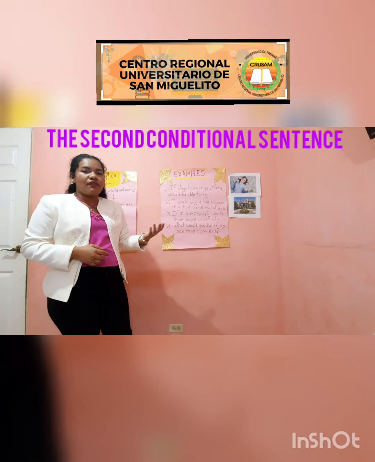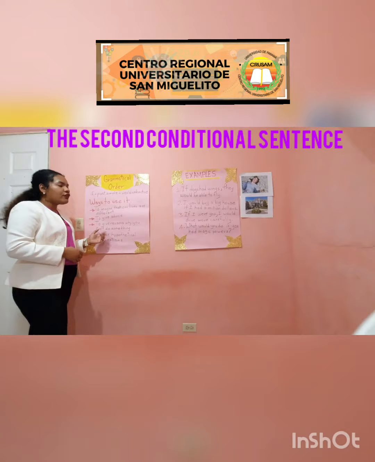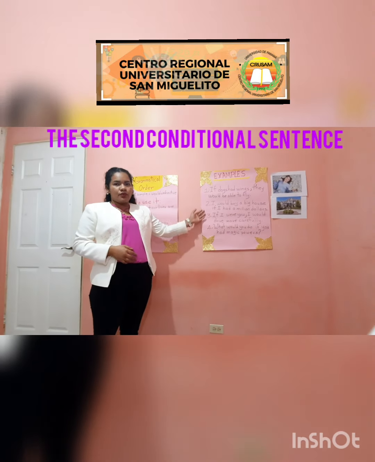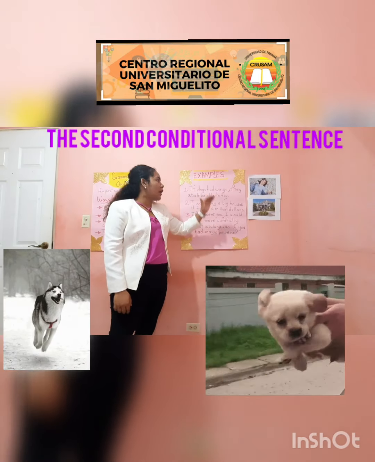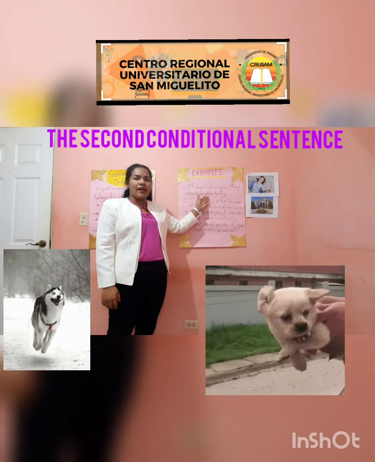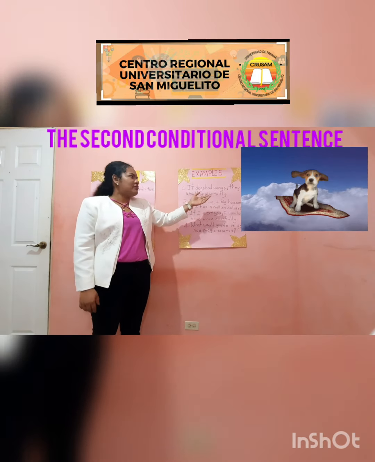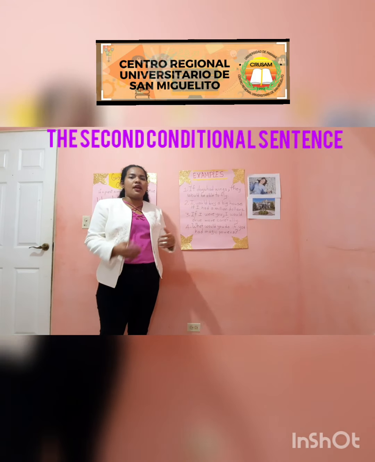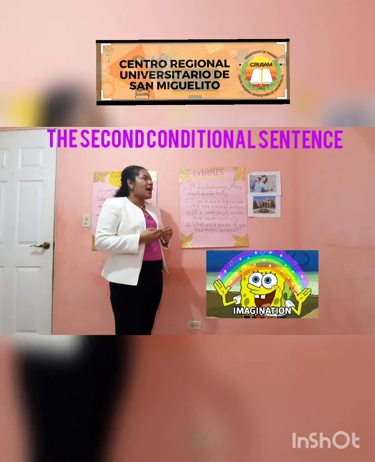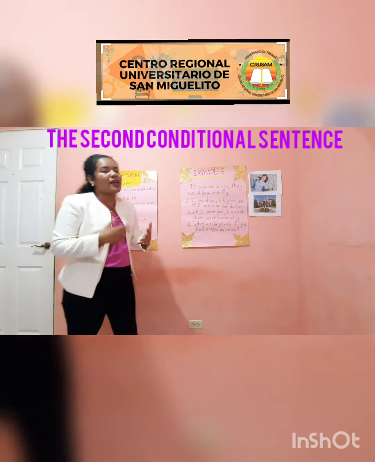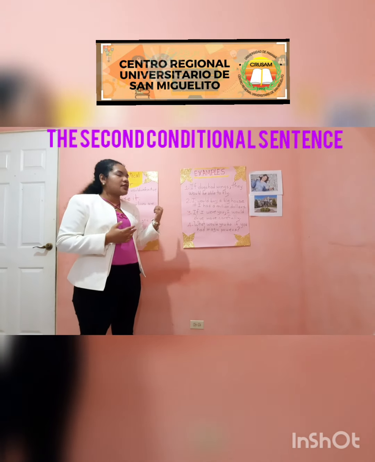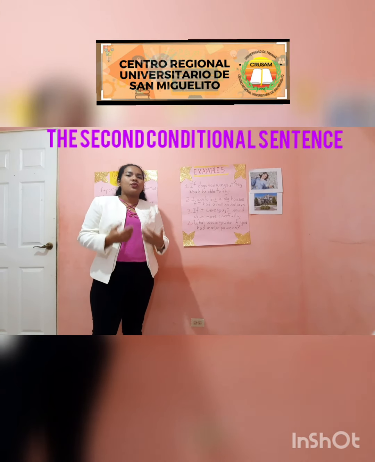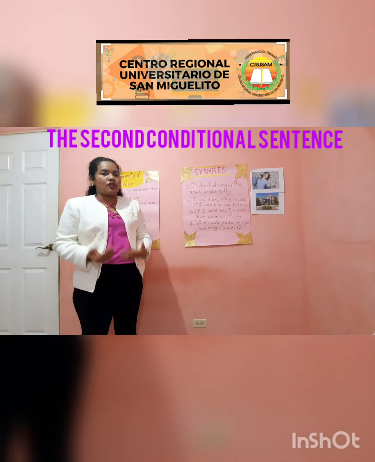So let's talk about the ways of use and the examples, right? Remember, if dogs had wings, they would be able to fly. That's something that's not true. I mean, that's an imagination. That's what I said at the beginning, that we use this kind of sentence to describe imaginary situations.